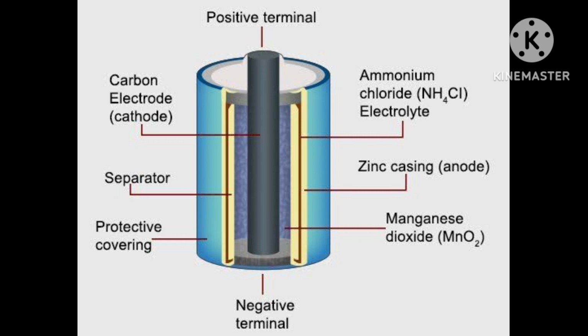MnO2 will take that electron and form MnOOH plus NH3, meaning the ammonium ion NH4+ is now converted to ammonia gas.